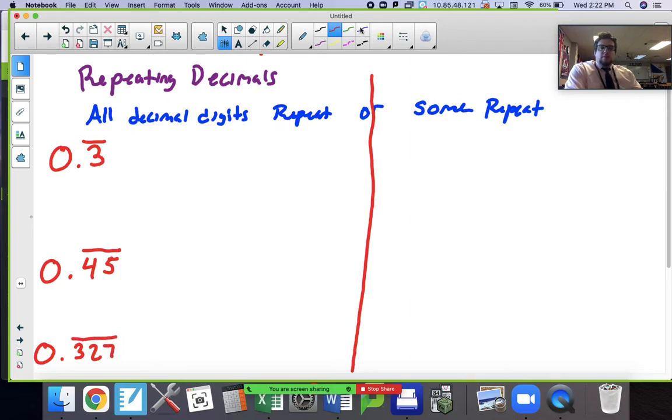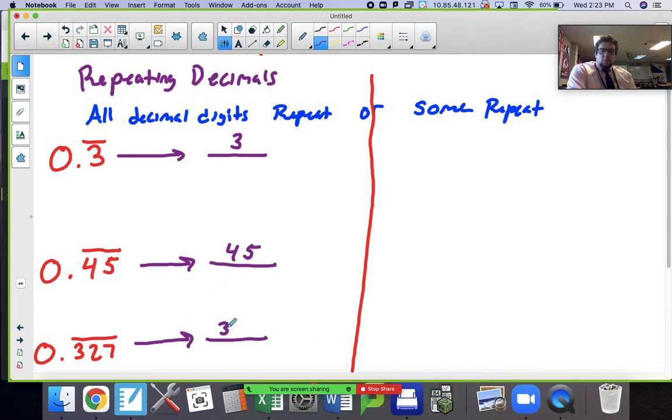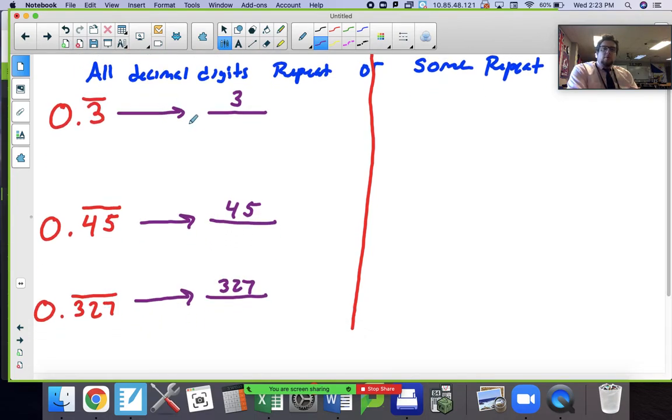Notice that in each one of these examples on this left-hand side, every single digit is being repeated. That bar is over all of our decimals. When that happens, to convert it to a fraction, we put the decimal digits that are being repeated, so in this case the 3, in this one the 4 and the 5, this one the 3, the 2, and the 7, and we're going to put them over the same amount of 9s.